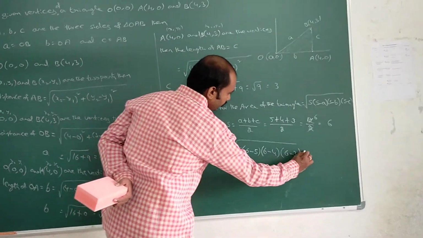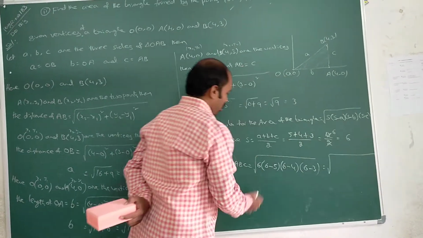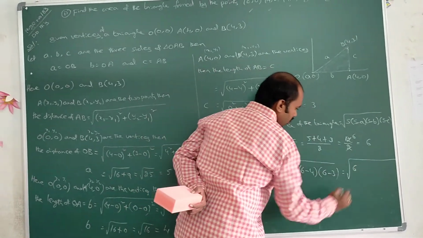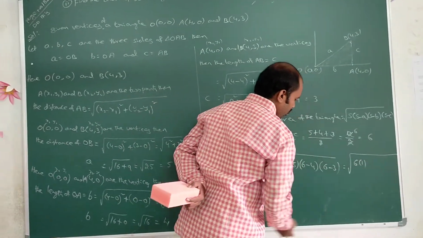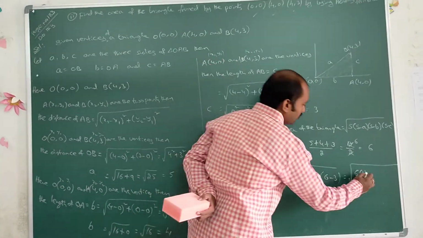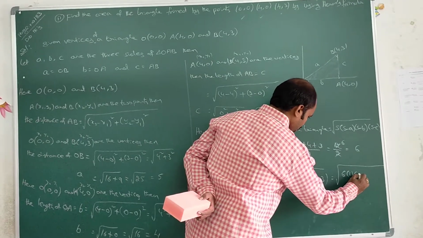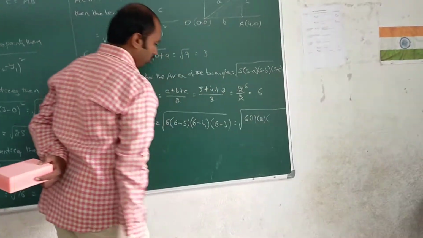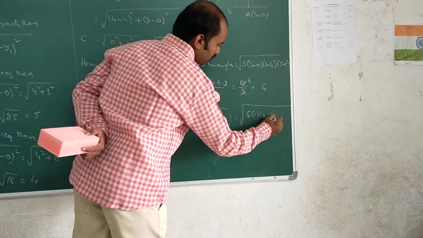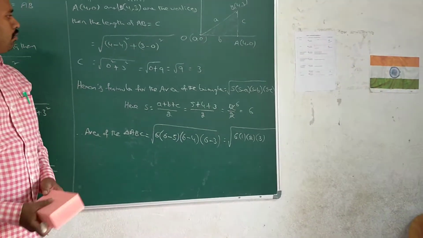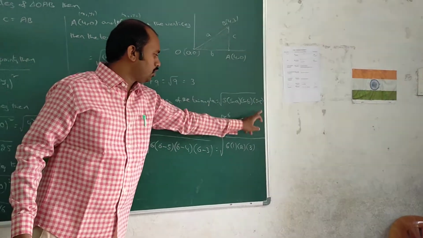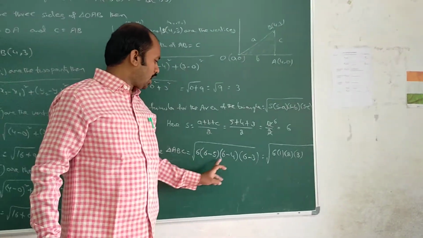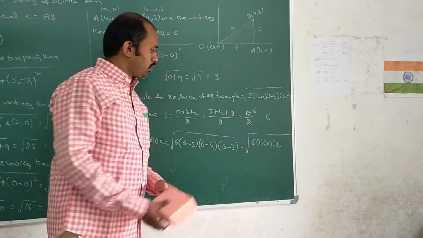Now simplification. That is equal to square root of first term 6, second term 6 minus 5, you get 1. Third term 6 minus 4 means 2, into 6 minus 3, that is equal to 3. These are the multiplications: S into S minus A into S minus B into S minus C. So first term into second term into third term into fourth term.